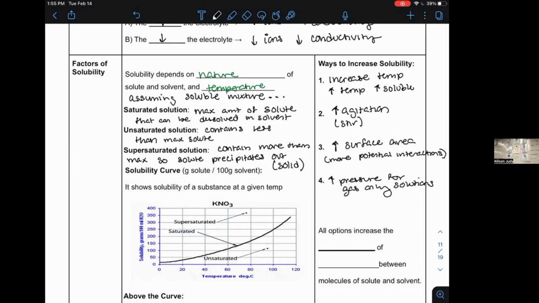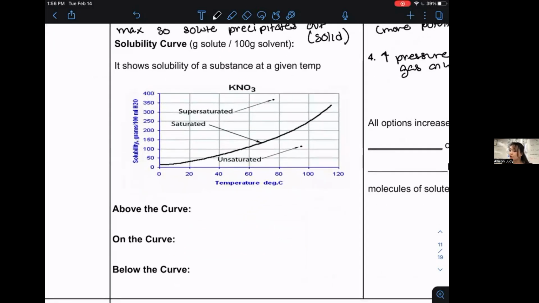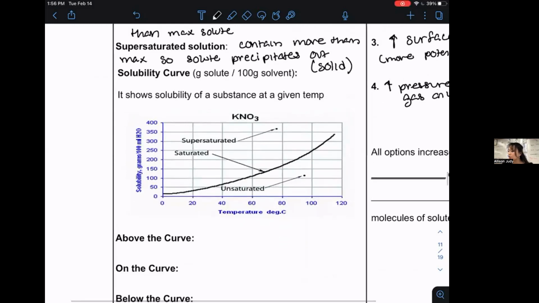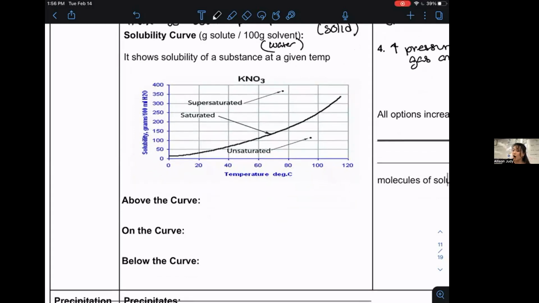So what we have is we often graph little charts called solubility charts. And the big idea here is, how do you read them? We often look at grams of solute per 100 grams of solvent, which is usually water. They'll specify otherwise. And what we say is, for a given compound, if you're above the curve, you're supersaturated.